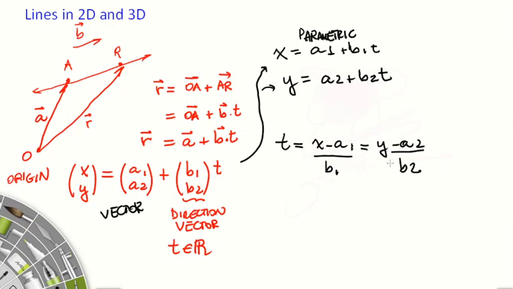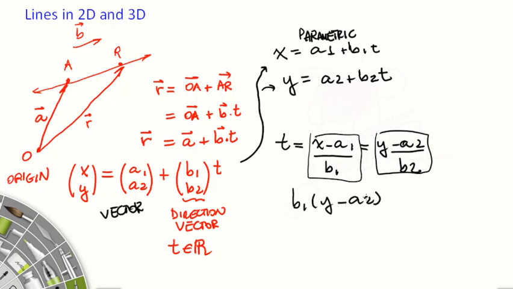Then we can relate those two, and if we cross multiply, we get b2 times x minus a1 equals b1 times y minus a2. That's our Cartesian equation.